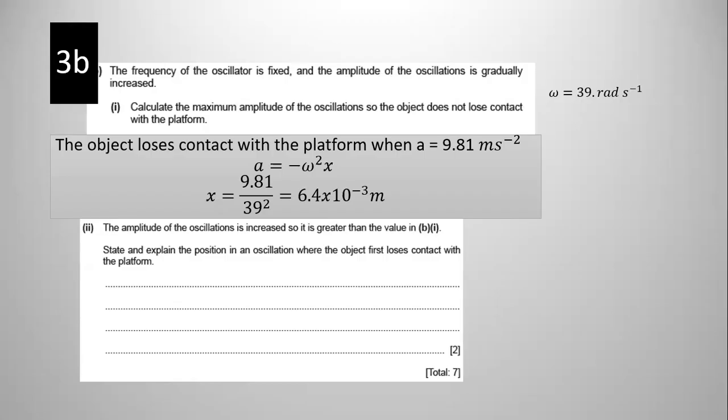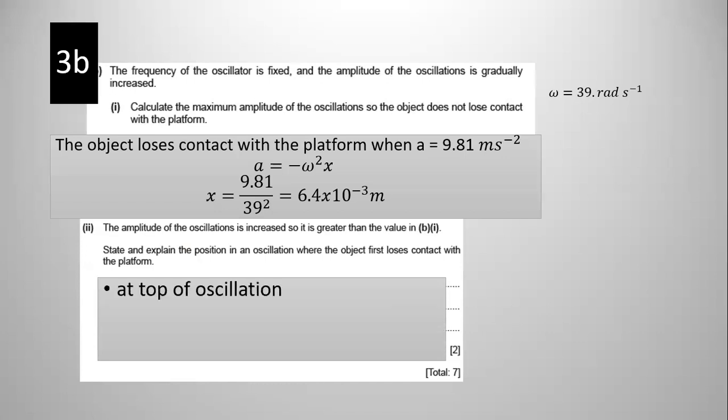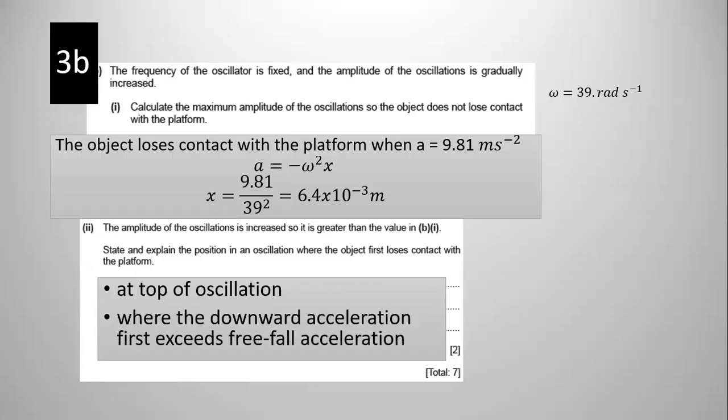This should happen when the downward acceleration becomes equal to the acceleration of free fall. At the top of the oscillation, where the downward acceleration first exceeds the free fall acceleration.